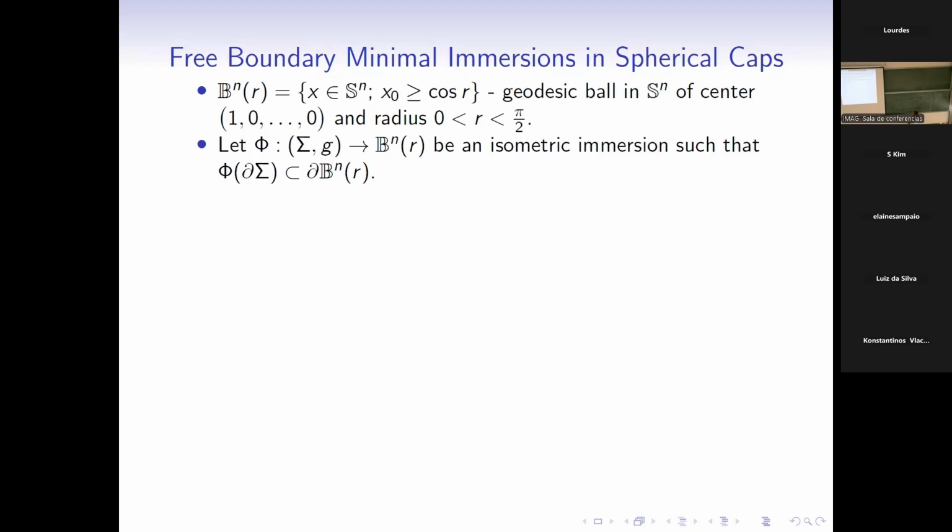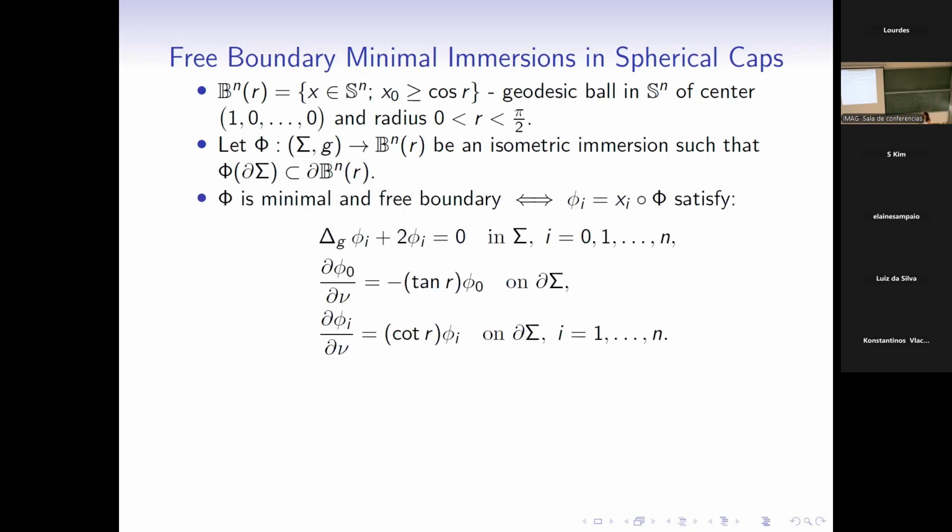All right, so now we consider an immersion here, proper, sending boundary to the boundary, and we do some computations. So if we assume that this immersion is minimal and free boundary, then the coordinate functions will have to satisfy these equations.